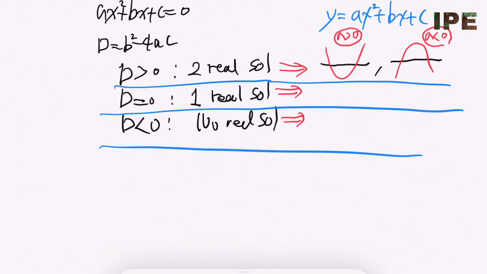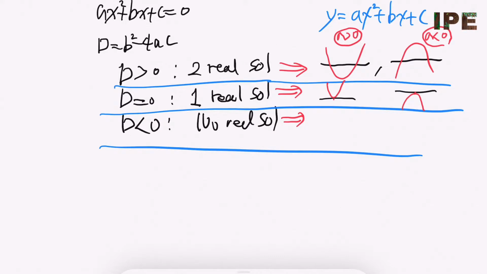It has only one solution, that means the graph has only one x-intercept, right? If a is a positive number, something like that is tangent to the x-axis because of one x-intercept. What about a less than 0? This opens down, and then it is tangent to the x-axis. It has only one x-intercept.